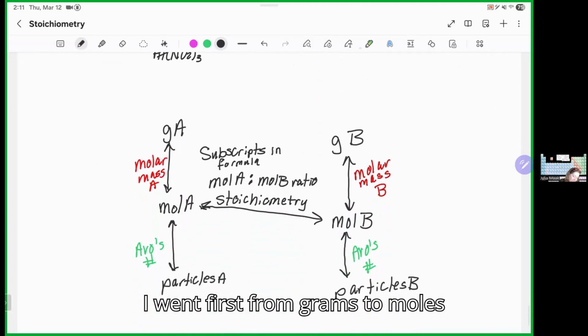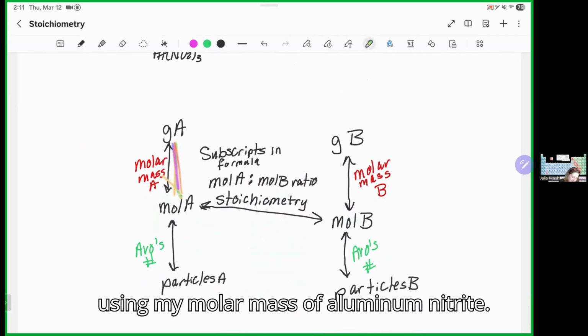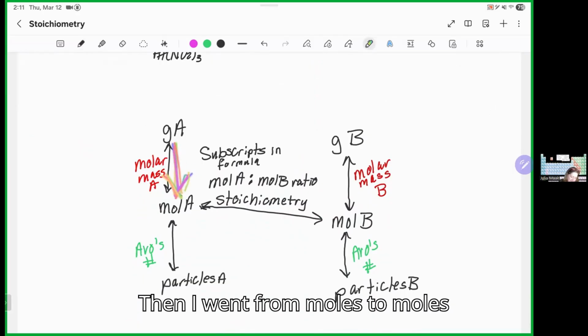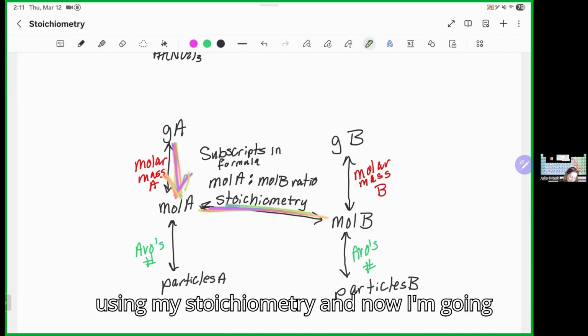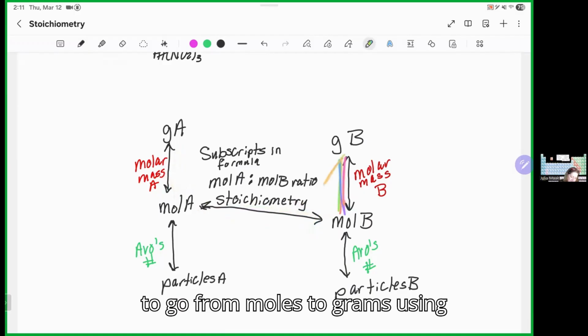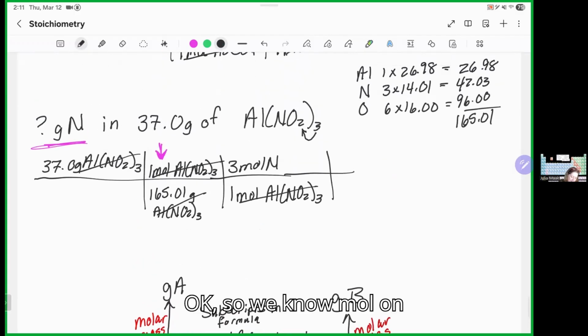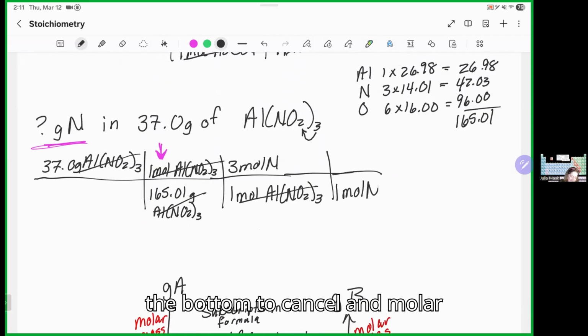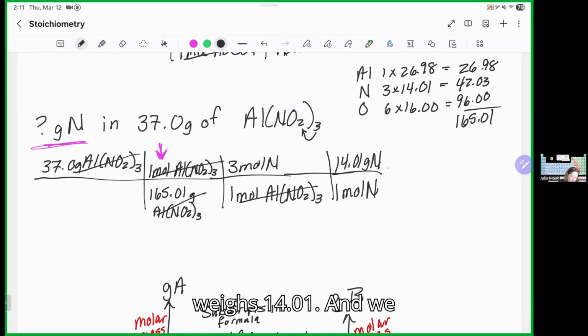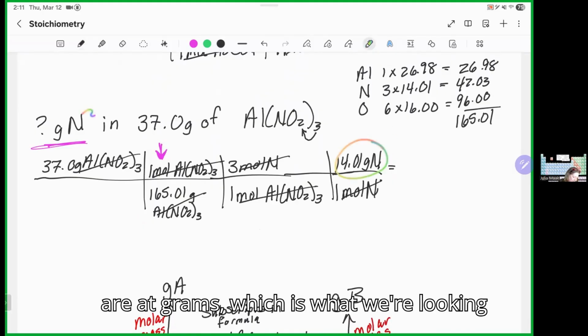Okay, so I went first from grams to moles using my molar mass of aluminum nitrite. Then I went from moles to moles using my stoichiometry. And now I'm going to go from moles to grams using the molar mass of that chemical. Okay, so we know mole on the bottom to cancel, and molar mass is 1 mole, and nitrogen weighs 14.01. And we are at grams, which is what we're looking for.